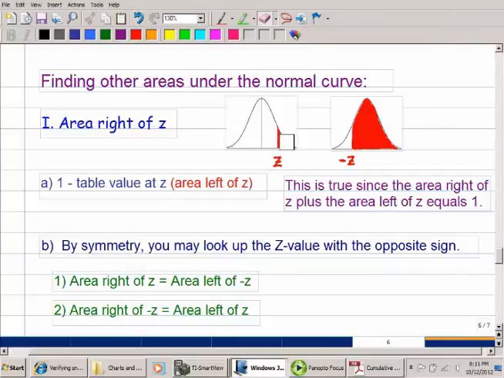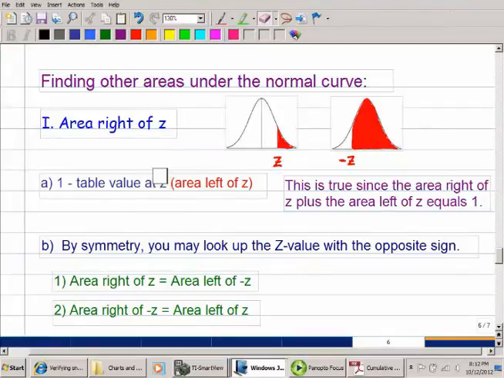That's not what we want. We want the red. But since the total area under the curve is 1, the white area plus the red area would equal 1. Therefore, if you want the red area and your chart gives you the white area, 1 minus that value of the white area would give you the red area. So that's why the 1 minus would work.